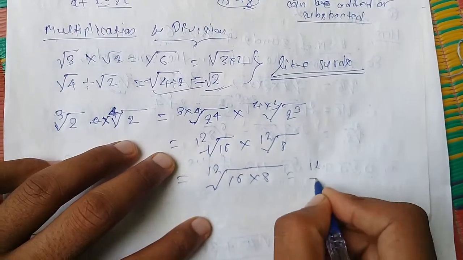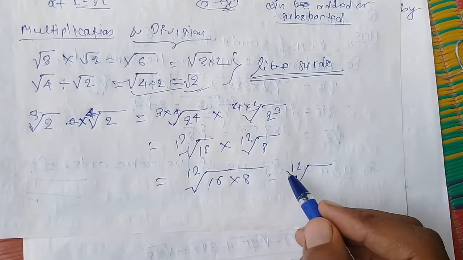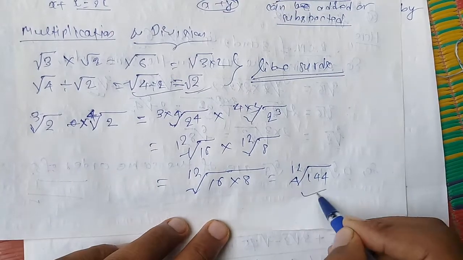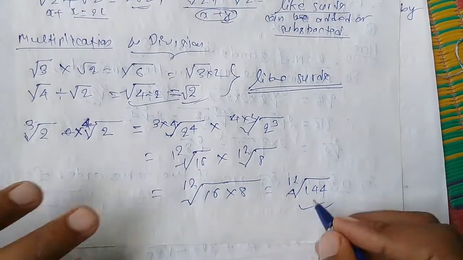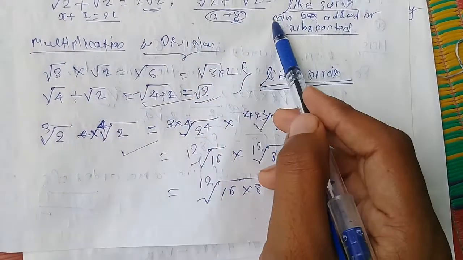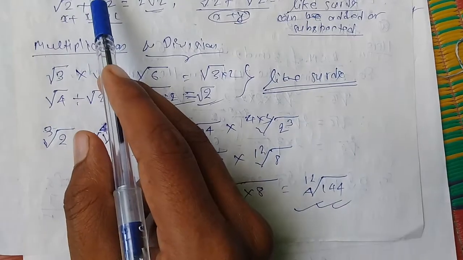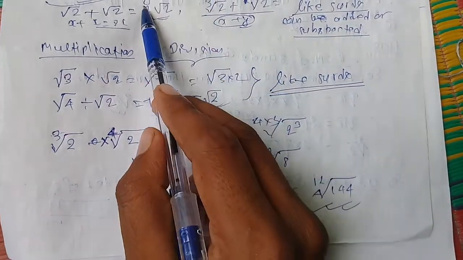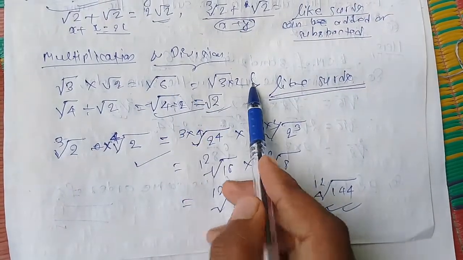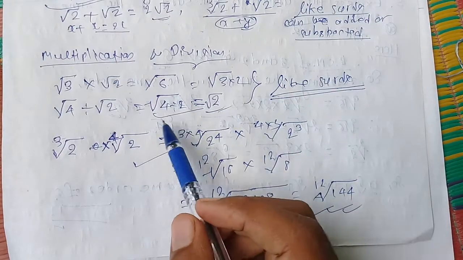So what will be the answer? It will give you 144. Okay, so in this way, like surds can be added or subtracted, and like surds can be multiplied or divided.